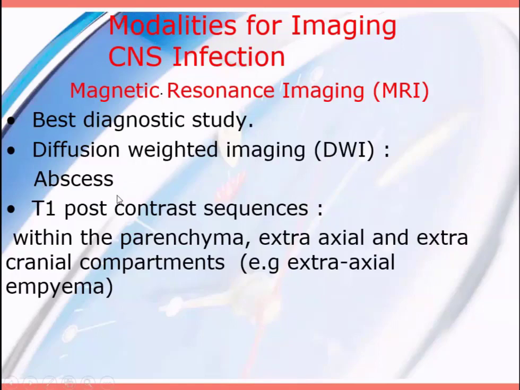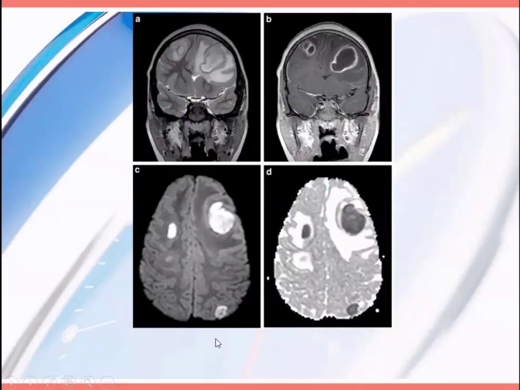Also, especially in abscess, and it can differentiate between abscess and TB granuloma. Then we have the post-contrast sequence, which is the most sensitive to detect the CNS infection. It detects the changes within the parenchyma, the extraaxial, and the extracranial compartment also.